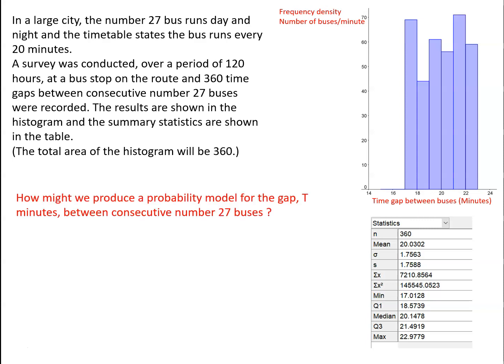Now what we want to try and do is produce a probability model for the gap, which we're going to denote by the random variable T, measured in minutes, between consecutive number 27 buses.